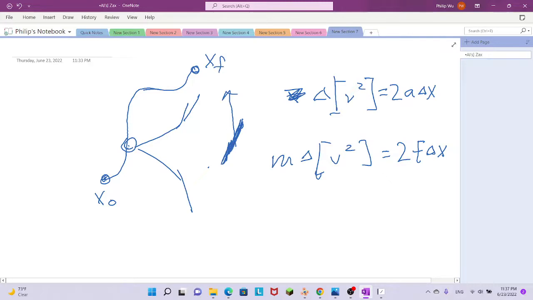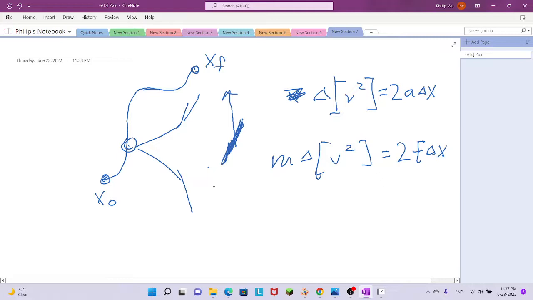And so the more we zoom in on this arbitrary point on this path, the more accurate this approximation will be. So in general, if we do this at every point and then add up all of these approximations, we should get the change in velocity squared times mass of this object going along this path in some force field.